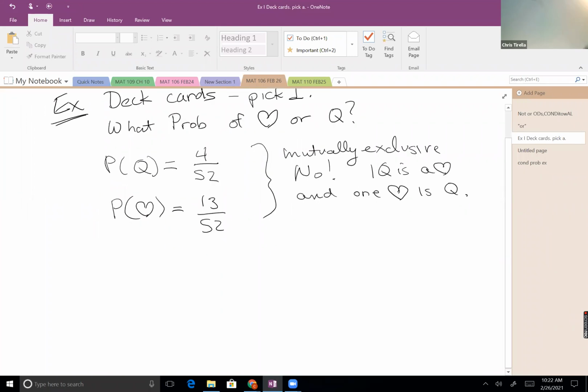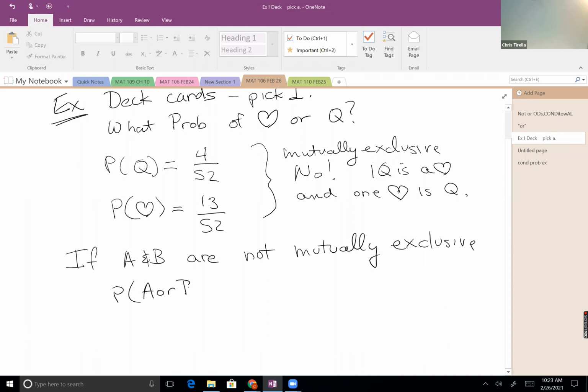That doesn't work. So we're going to say that if A and B are not mutually exclusive, the probability of A or B will equal the probability of the first one plus the probability of the second one. I apologize, my head is ahead of my hands, and so it's all mixed up.